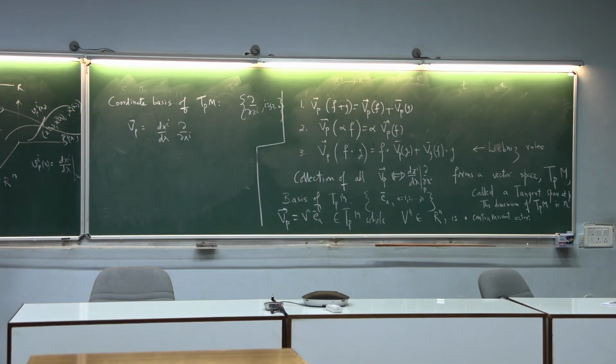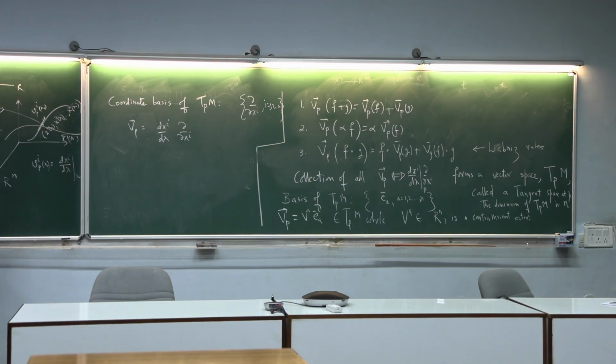Okay. Now we ask the question: well, this is with one coordinate system. If your charts change, then the same point gets mapped to another set of coordinates. What will happen then?